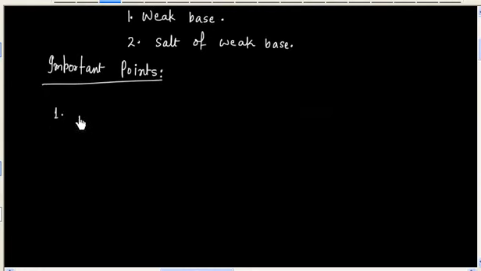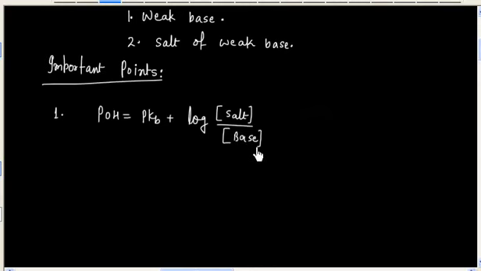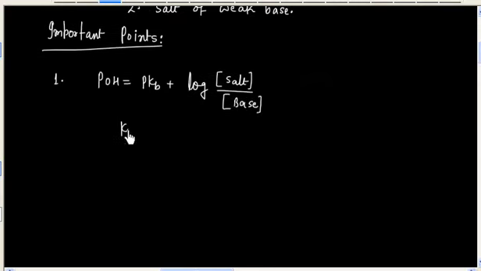First is pOH of a basic buffer solution is given by this expression. Kb denotes basicity constant of weak base.